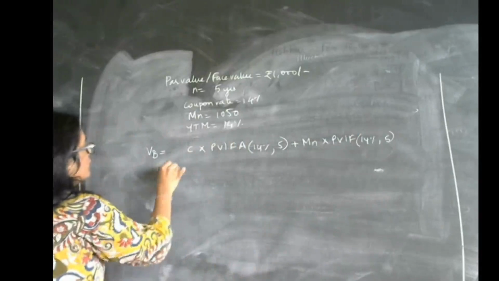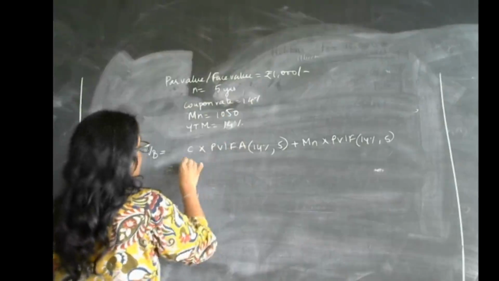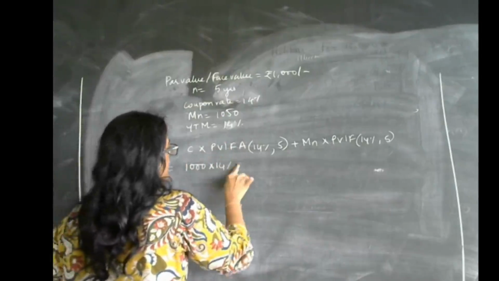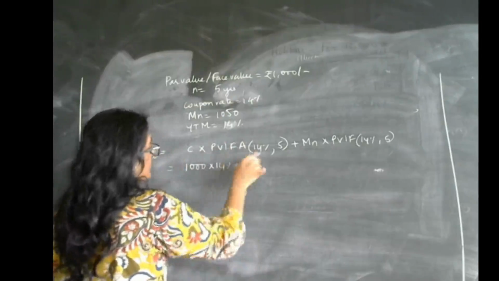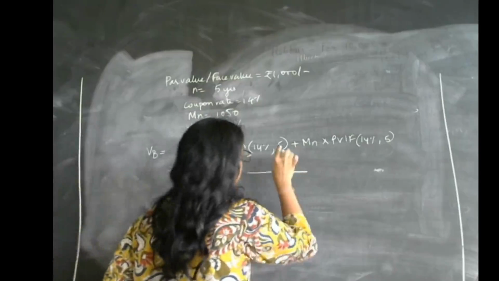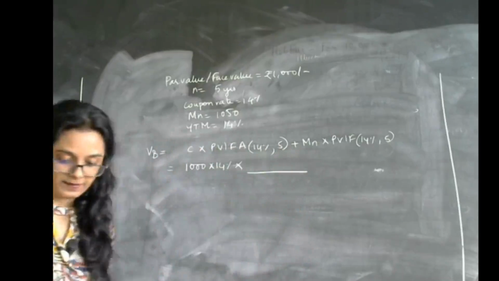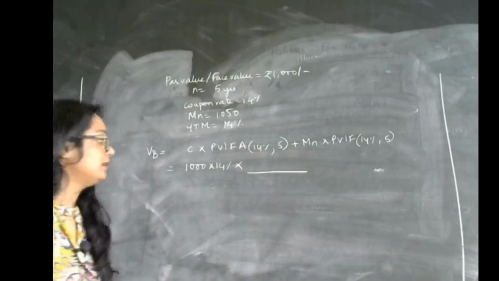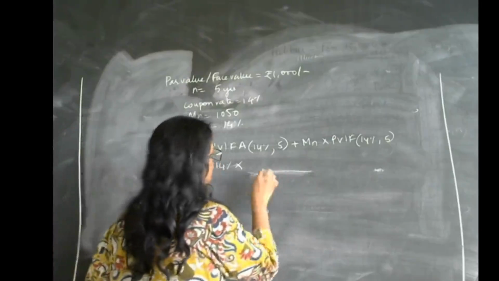Right? So coupon is calculated directly as 1000 into 14% multiplied with the present value interest factor annuity for 5 years at the rate of 14%, which comes to around 3.433.